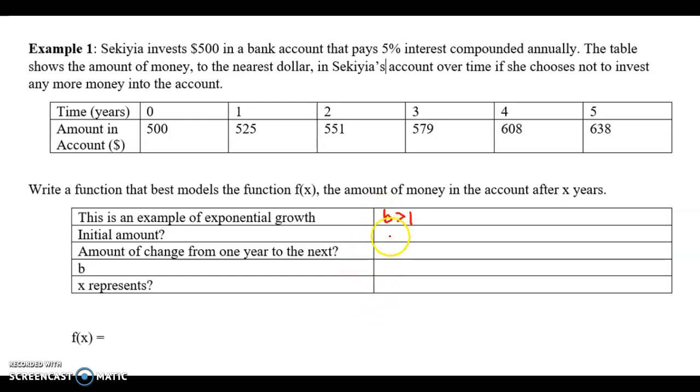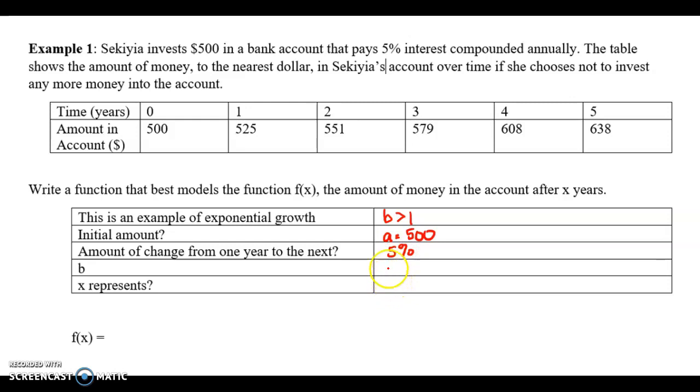Our initial amount is how much money Sakai put in there to begin with. Well, she put in $500. And the amount of change from one year to the next, we know this isn't just a set amount. It's not like she gets $25 per year, but we know it's a percent. So that is 5%.